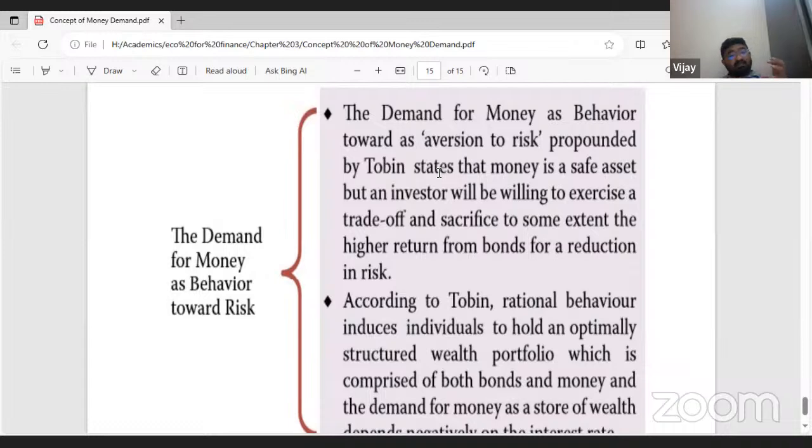My portfolio of assets needs to consist of liquid cash as well as bonds. So it needs to balance both liquidity and profitability.